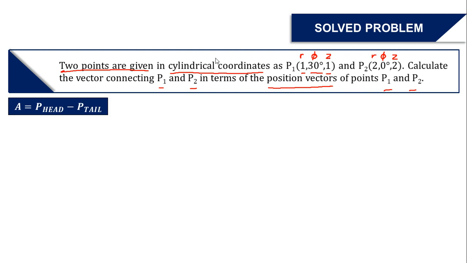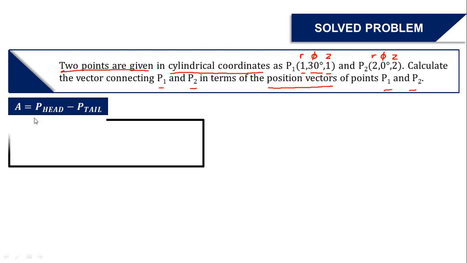So again, just to remind, yung ating vector A using the position vectors is equal to the position vector ng head minus the position vector ng tail. So, tandaan lang natin yung video natin sa cylindrical coordinates.